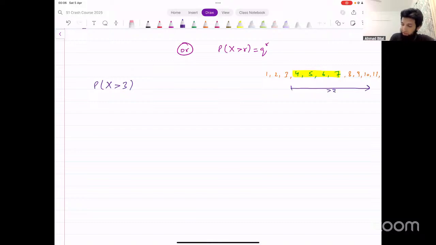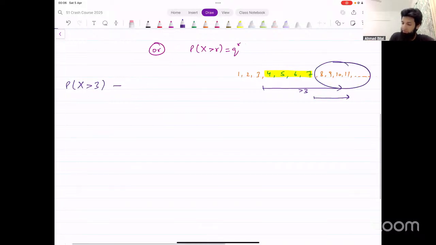These are all numbers that are greater than 3. And then subtract from this all of these numbers. How would you describe these numbers? 8, 9, 10, 11, and so on. These are greater than 7. Subtract from this greater than 7.